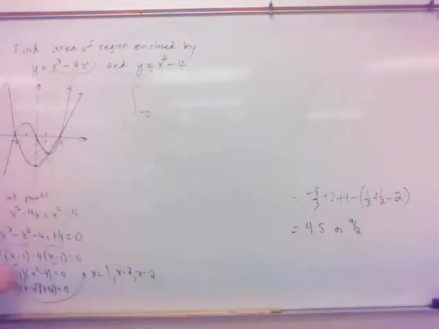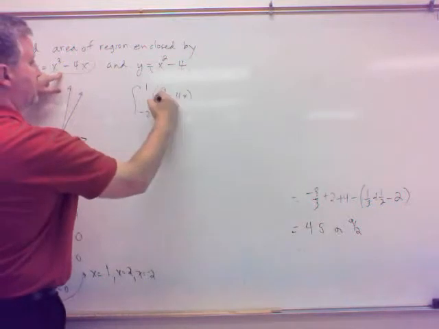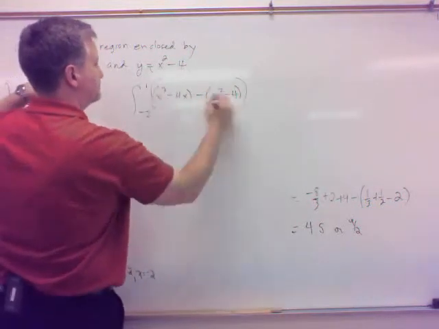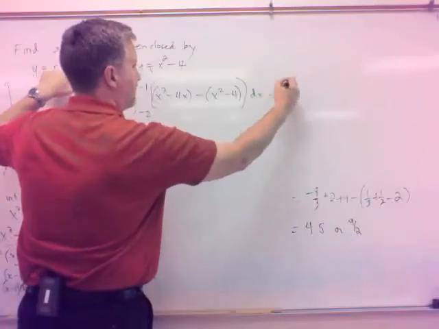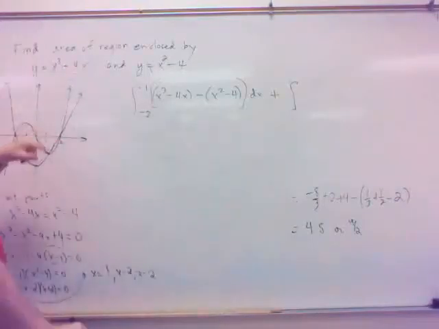Let's go negative 2 to 1, because on that part, what have I got? I've got the x cubed graph on top and the x squared graph on the bottom. So that would be x cubed minus 4x minus x squared minus 4. And then they reverse from 1 to 2.